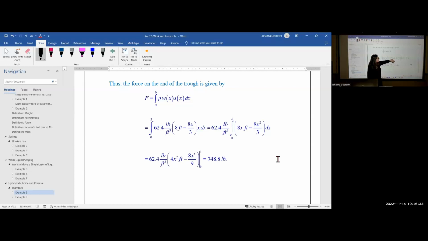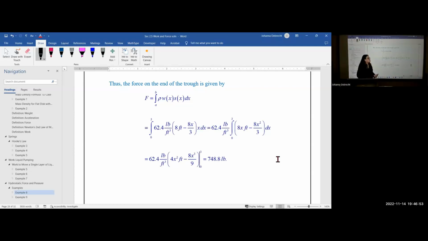And so I have X there. You can distribute, pull out the constant 62.4 pounds per cubic foot. And when you integrate, you end up with 748.8 pounds. Now remember that pounds is a measure of force. So now we have the force on that particular thing.